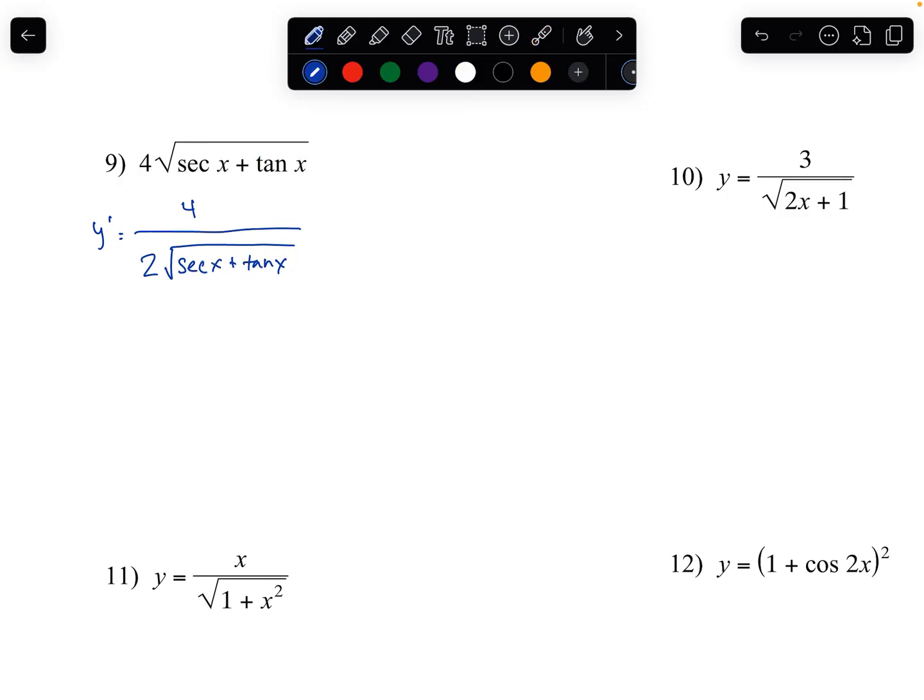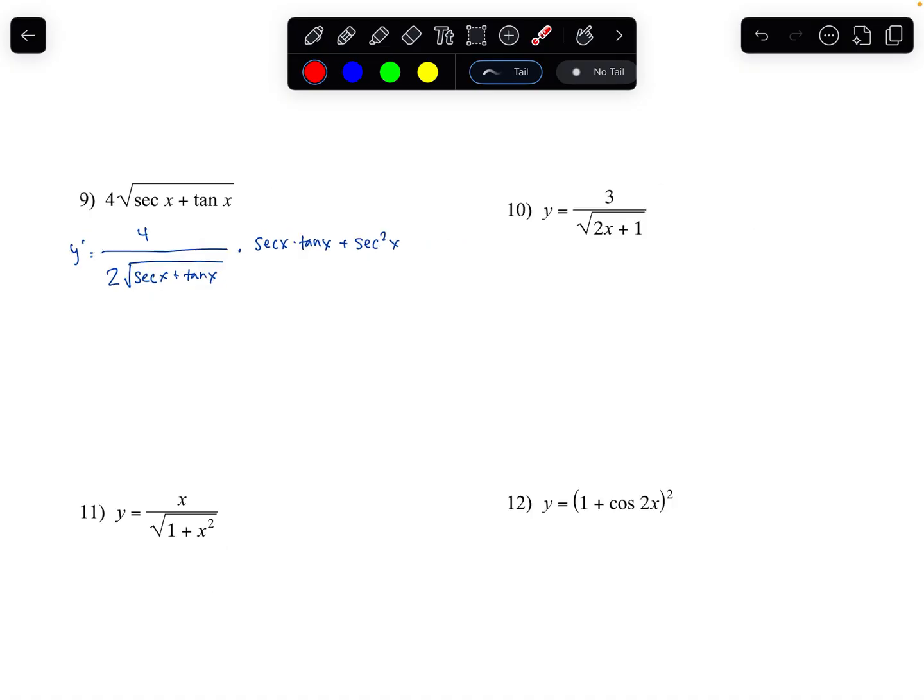So we're going to multiply by the derivative of the inside. The derivative of secant of x is secant of x times tangent of x, plus the derivative of tangent of x, which is secant squared. Okay, and that should be good. I bet there's a lot of simplifying you can do here, but that seems like a lot to simplify.